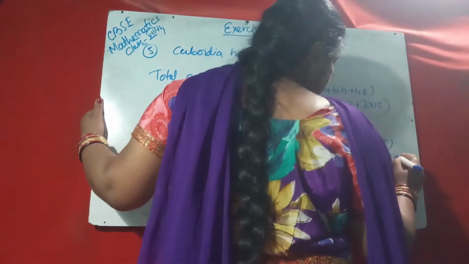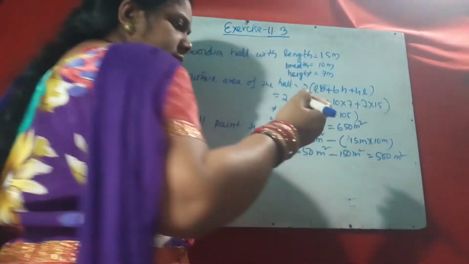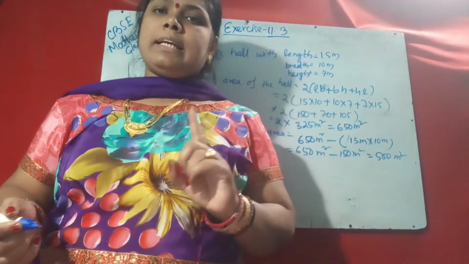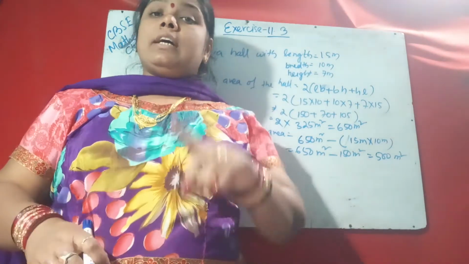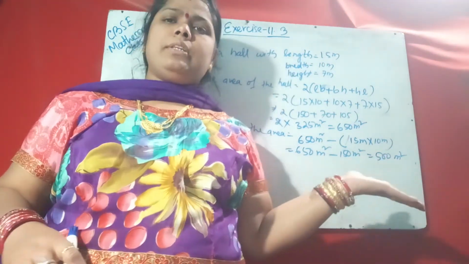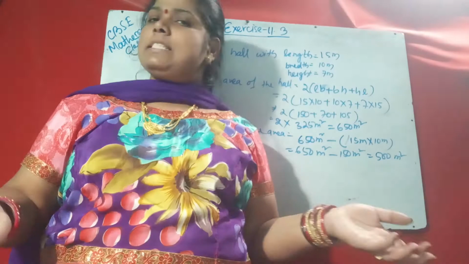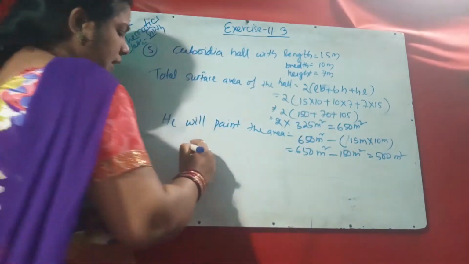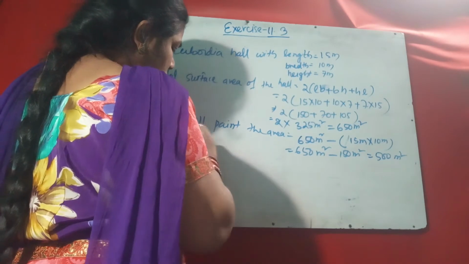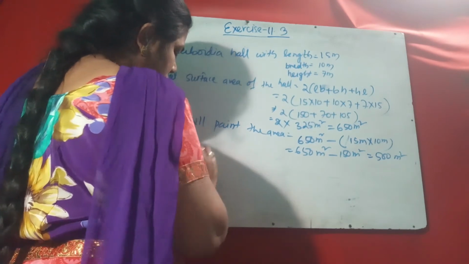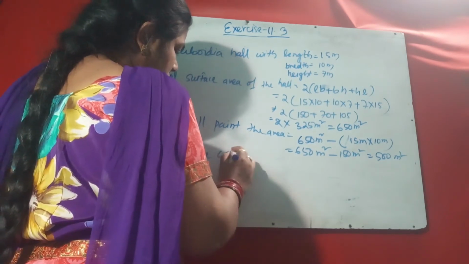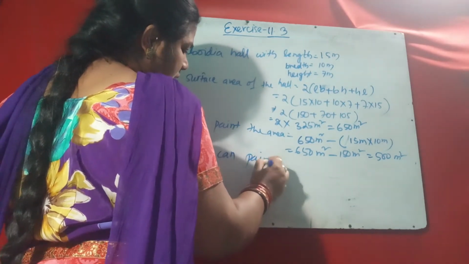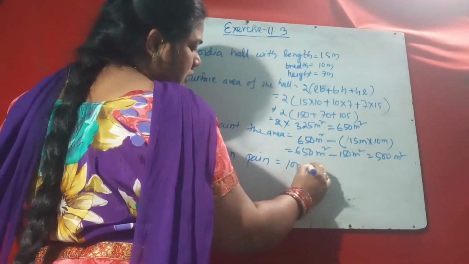That is 500 meter square. But it says one can paints 100 meter square of area. Here 500 meter square area means how many cans are needed? Simply 5 cans. You can write here: one can paints 100 meter square.